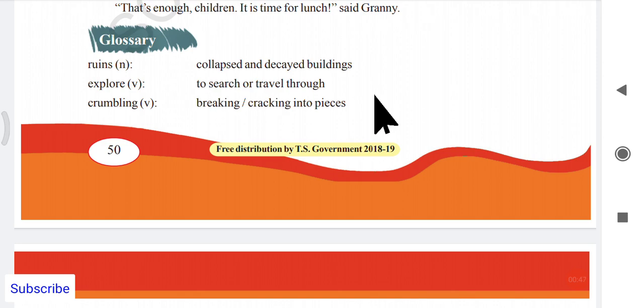Exploring old buildings in the sense of searching for something there, or just enjoying the scenery there. Next, crumbling. Crumbling in the sense of breaking or cracking into pieces. Crumbling paper, just as we crumble the paper in our hands before throwing it into the dustbin, just making it into a round shape. That is called crumbling.